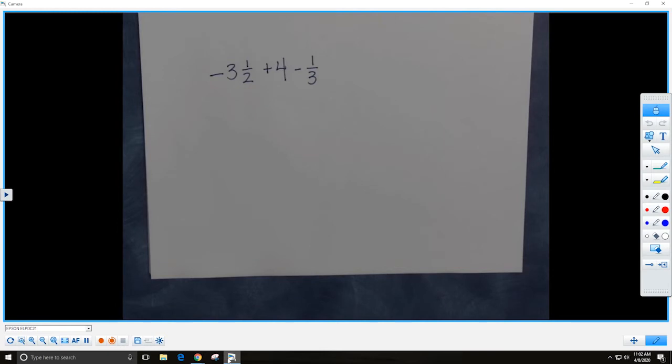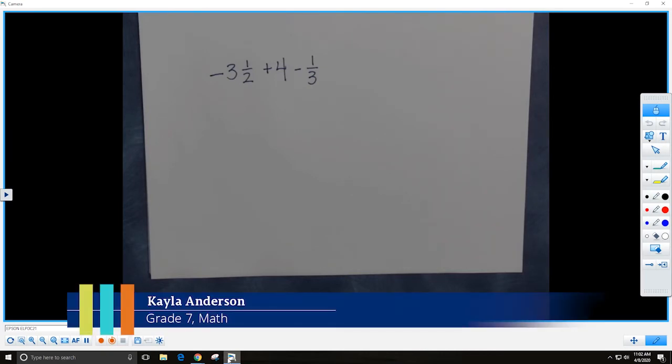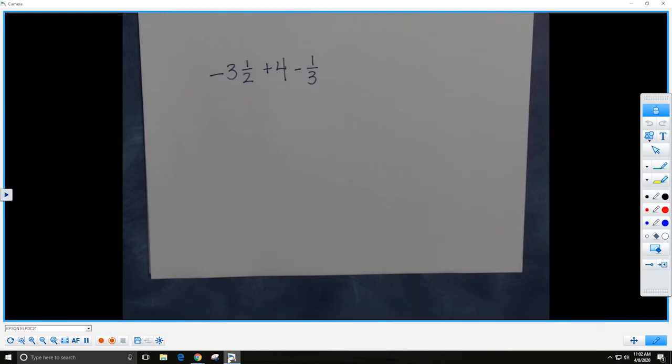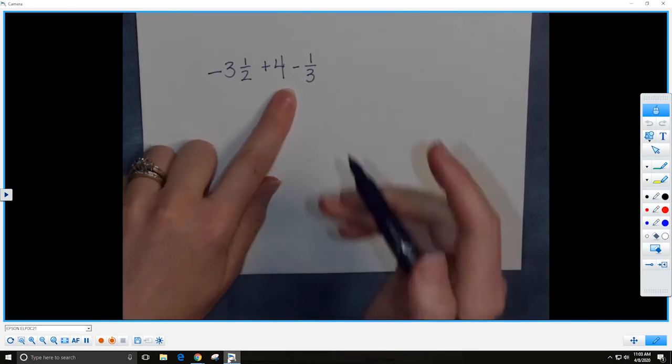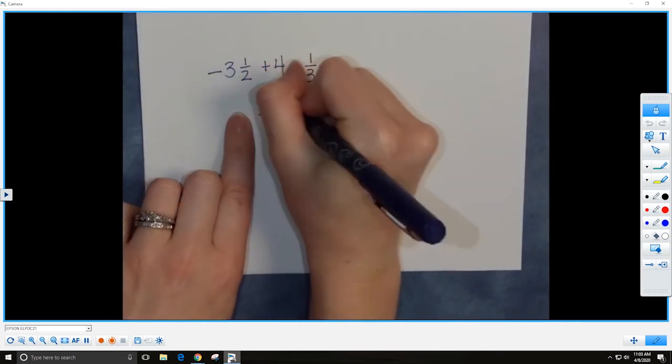You are really getting good at reasoning with signs and with numbers. What would your answer to this expression be? Take a minute to finish calculating it. Okay, negative 3 1/2 plus 4 is 1/2.